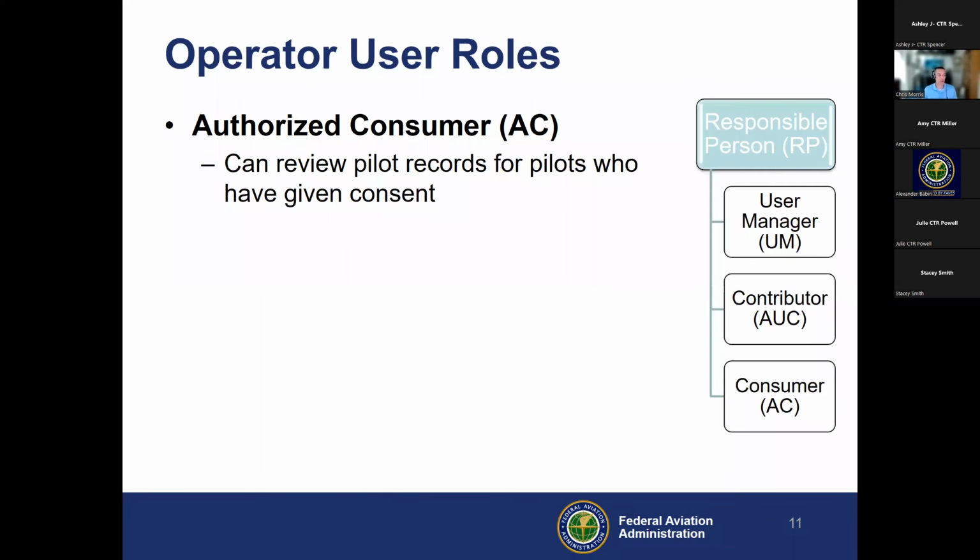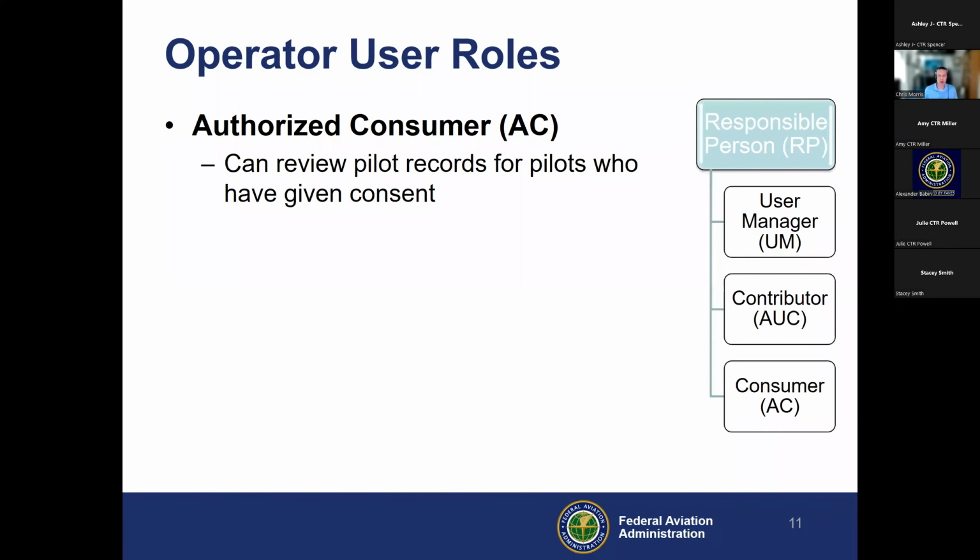So the last role here to talk about is the consumer role. We've had these for a while, especially considering that as of December of last year, the only way to get the FAA records portion under PRIA was through the PRD system, and you have to be a consumer to be able to do that.